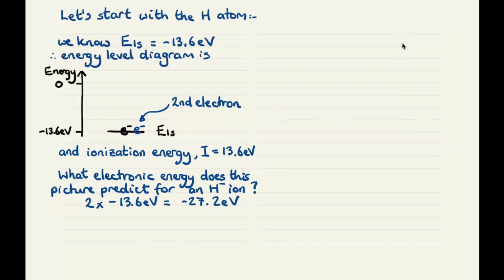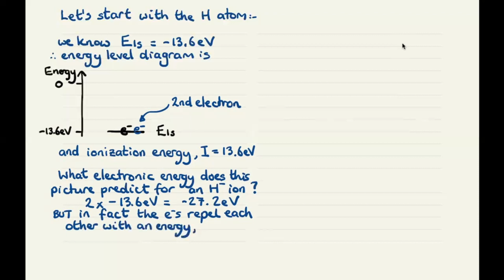And clearly this ignores the fact that the electrons have an electron-electron interaction. So in fact, the electrons repel each other. And the energy of the electron repulsion, which is often called U, in this case, we can measure to be plus 12.8 electron volts.